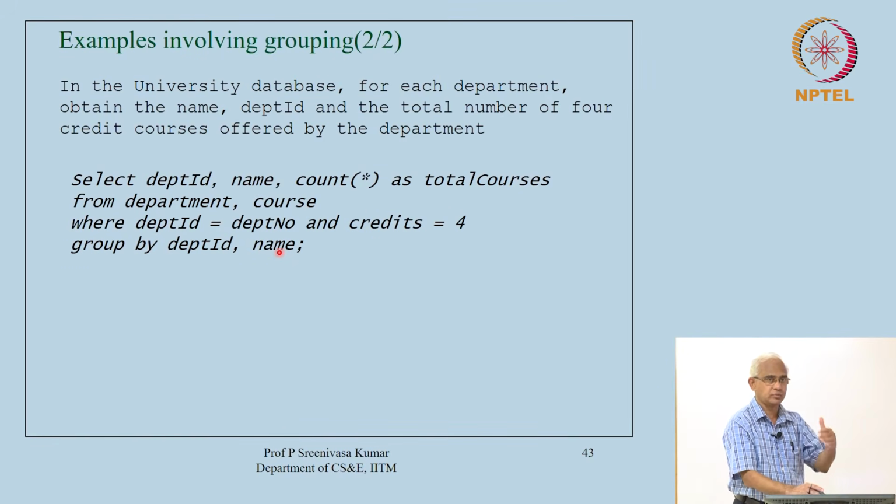All the tuples that have the same department ID and name value will be put into one group, and then you apply the aggregate function, which is simply count here. That is how we find out the number of 4 credit courses offered by that particular department.